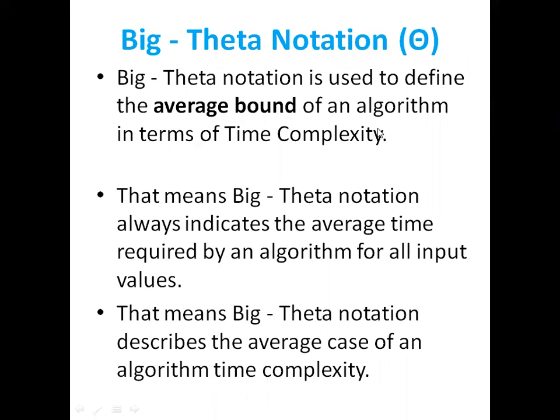So big O is used for worst case complexity, big omega is used for best case complexity, and the theta notation is used to describe the average case complexity of the algorithm.